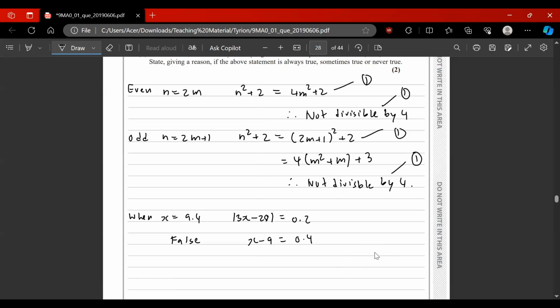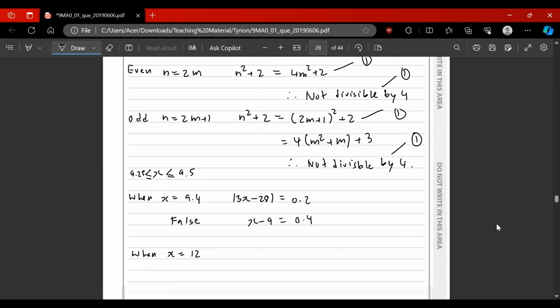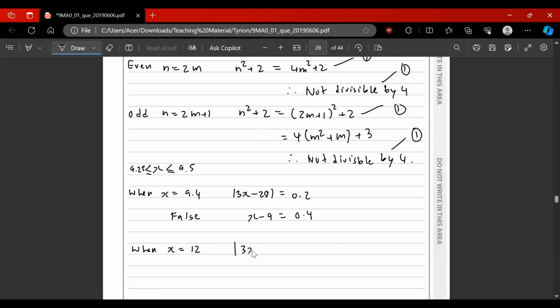Now let's pick any other value, that means outside of the range that I mentioned, which is 9.25 to 9.5. Let's say, for example, when x equals 12, if we substitute in this value, 3x minus 28 for when x equals 12, we will get 8.